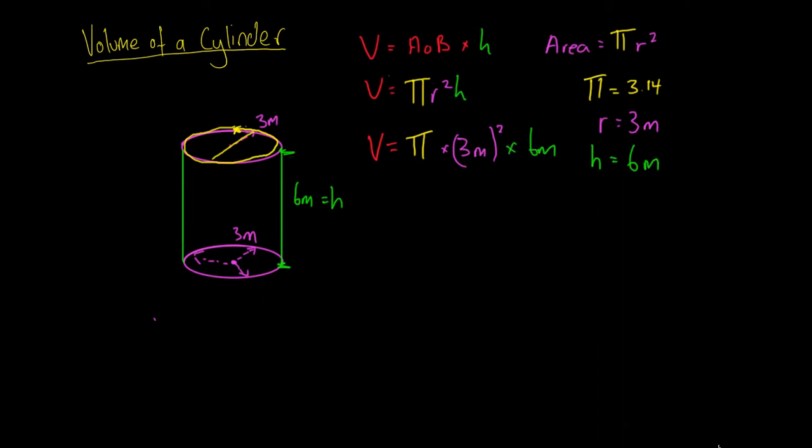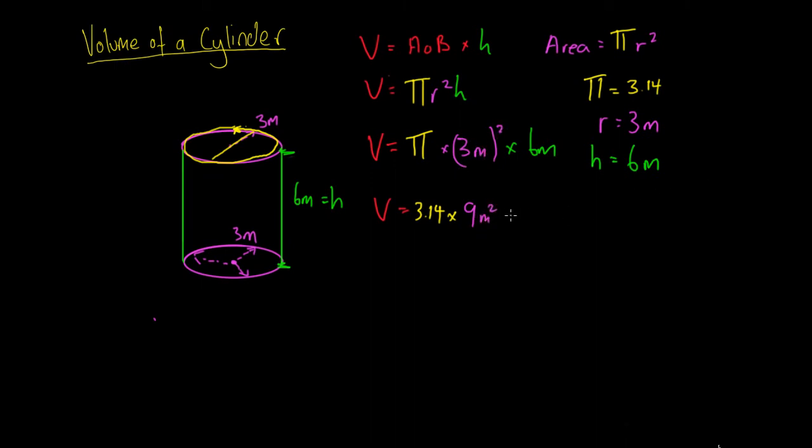Our volume is equal to pi times 3 meters squared times 6. Pi times 3 squared is 3.14 times 9, since 3 times 3, or 3 to the power of 2, is 9 meters squared.